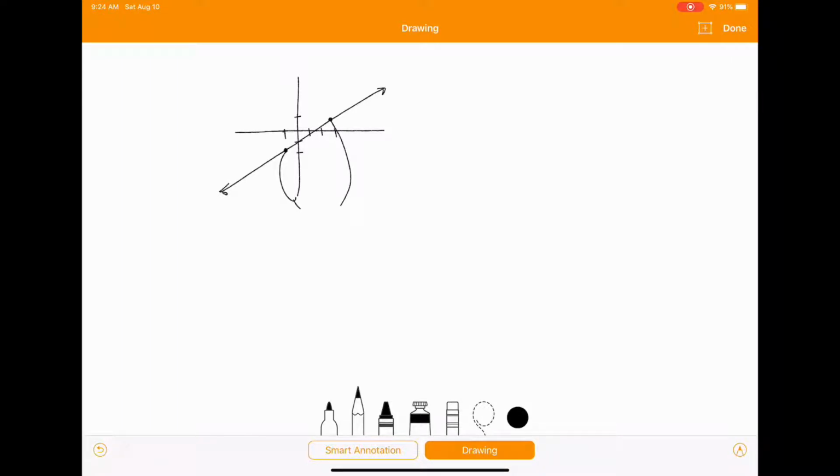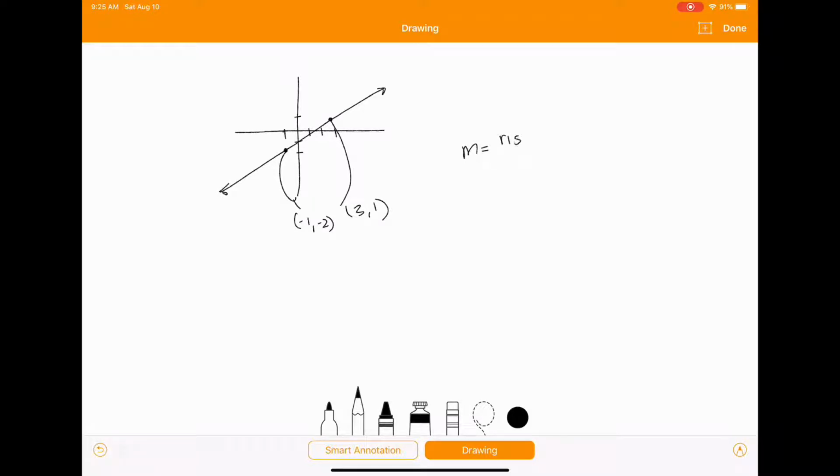So we know that this point here is -1, -2, and then this point here is 3, 1. And you need to write an equation for this function. You're going to use one of these points as your point. It doesn't matter which point. And then you just need to figure out your slope.